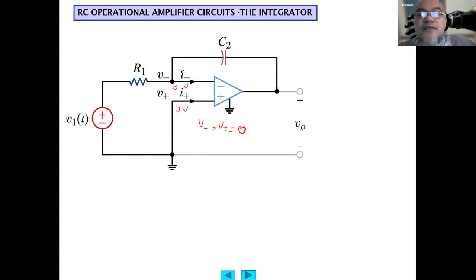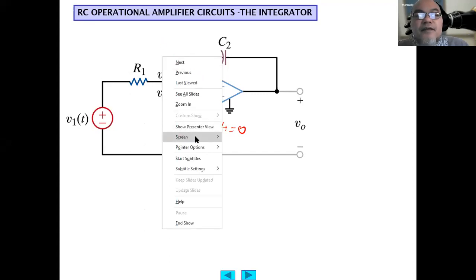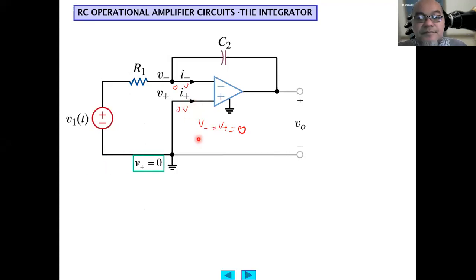Here you can use Kirchhoff's Current Law to solve this circuit. V plus equals 0, and there is no current, so I minus equals 0. You consider all the currents entering this node.